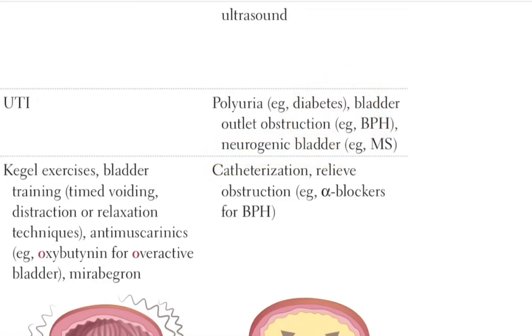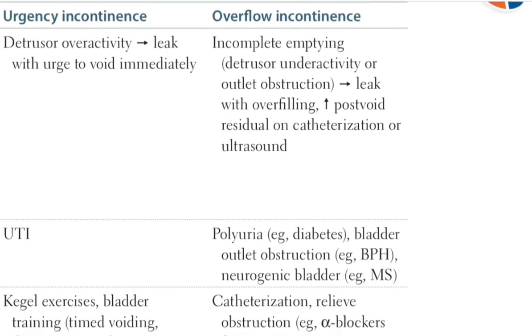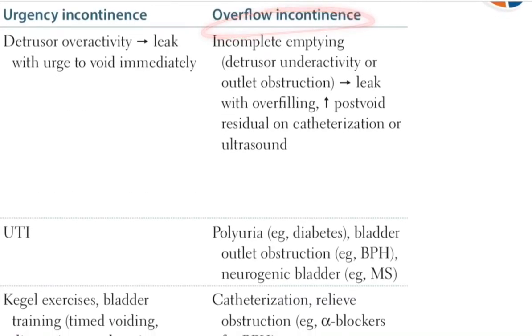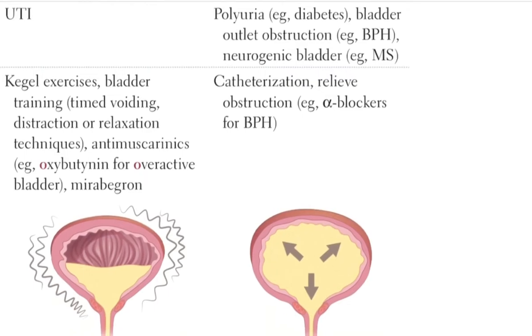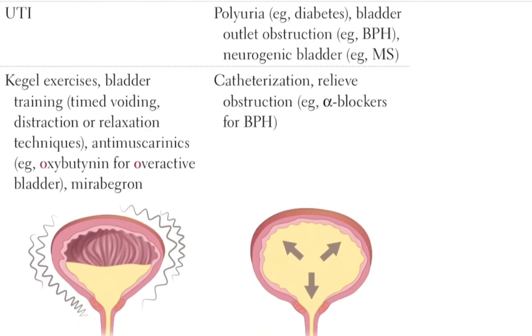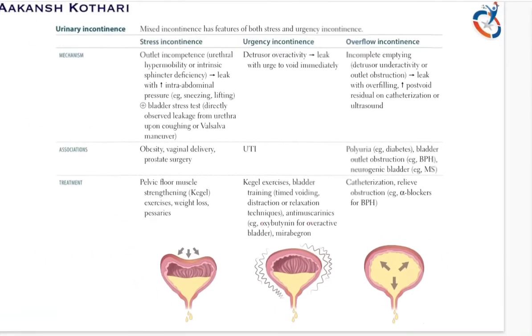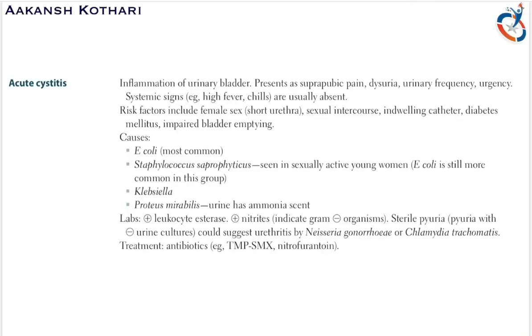So if a patient presents with multiple sclerosis, it eventually indicates overflow incontinence. Am I clear? The major treatments include catheterization, or frequent catheterization whenever required, and relieving the obstruction by using alpha blockers. Am I clear?